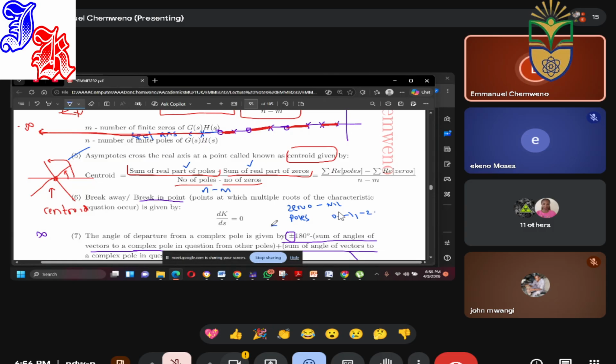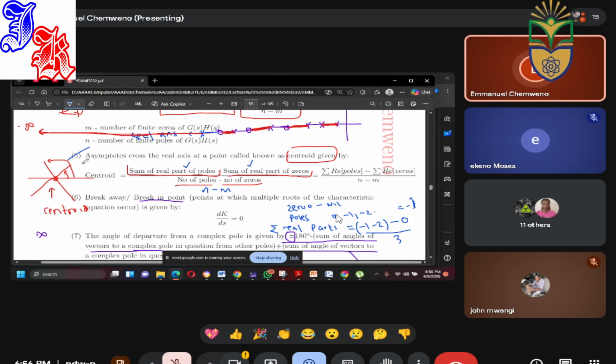So the sum of real parts is -1 plus -2, minus the sum of real parts of zeros, which is 0, over 3, is equal to -1.